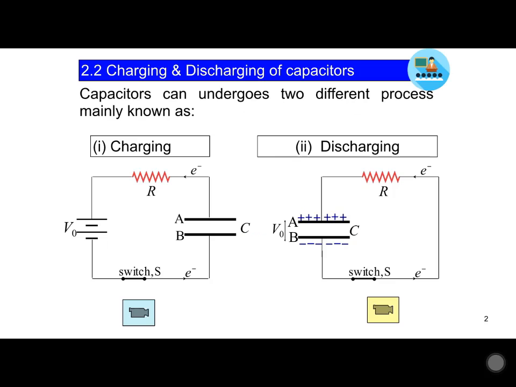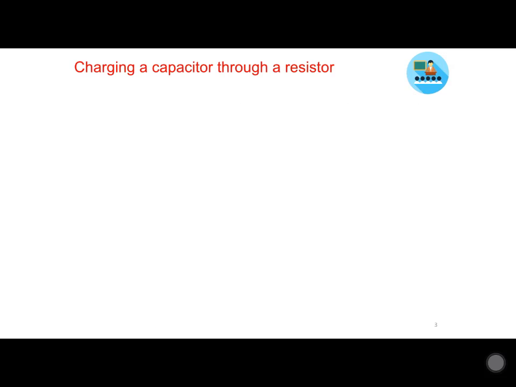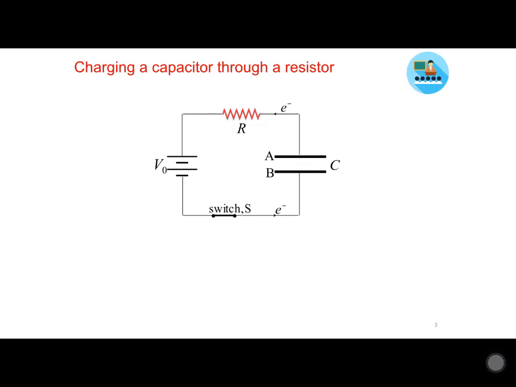So as we know that capacitors store charge, so it can undergo two different processes, that is charging and also discharging. So the charging process occurs when we have a circuit and this circuit is complete when the switch S is closed, and immediately the current of I0 will begin to flow through the circuit.